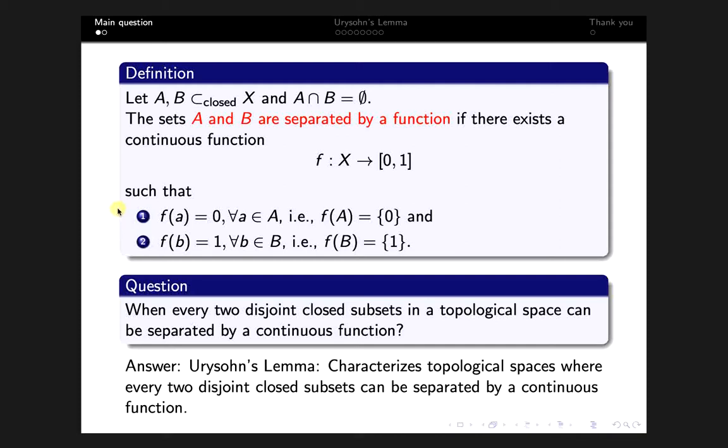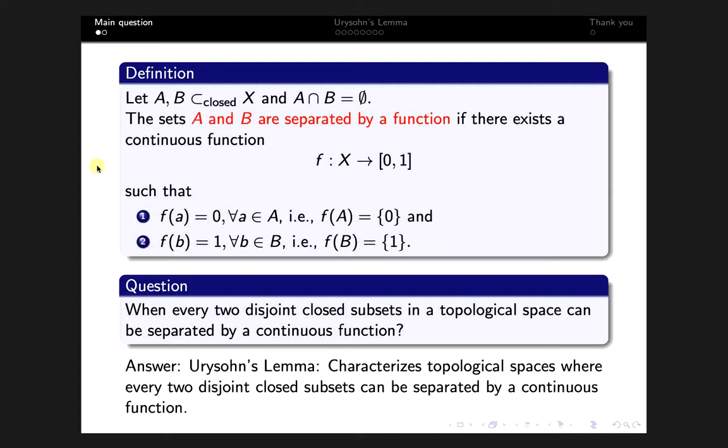These separations are by disjoint open sets. The separation of a point from a closed set not containing it by disjoint open sets is the notion of regular spaces, or T3 axiom.